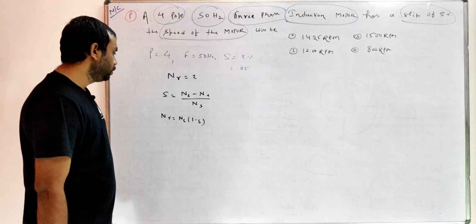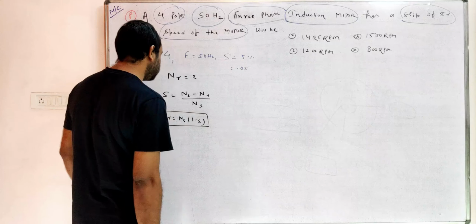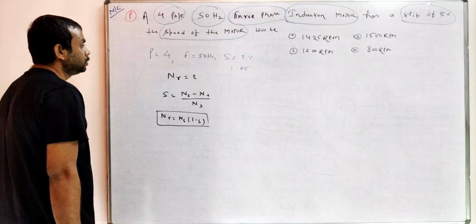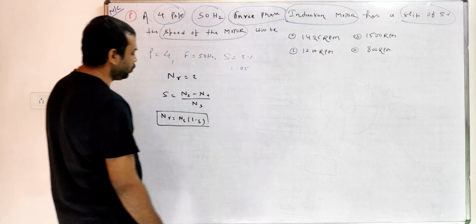The slip we know. What we don't know is Ns, the synchronous speed. The synchronous speed we can define as 120 f by P.